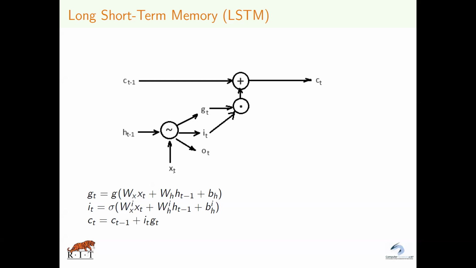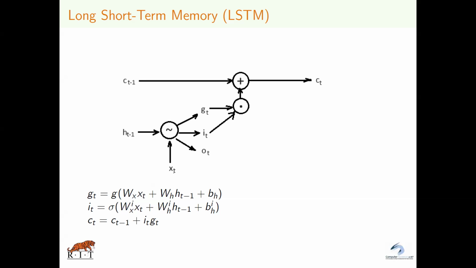That's why it's called gate, because depending on these values, large or small, we will multiply our output either by 0 or by 1, well, maybe by a number in between 0 and 1, but this is why they call this gate.